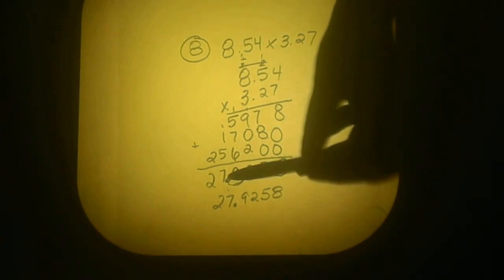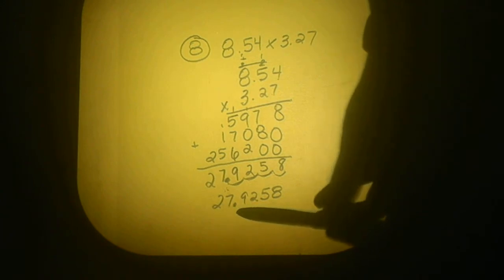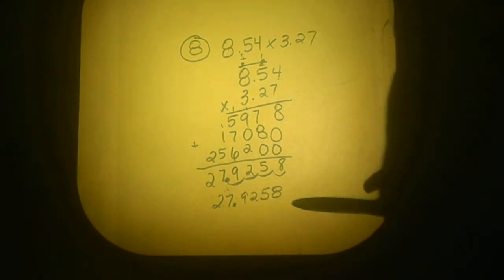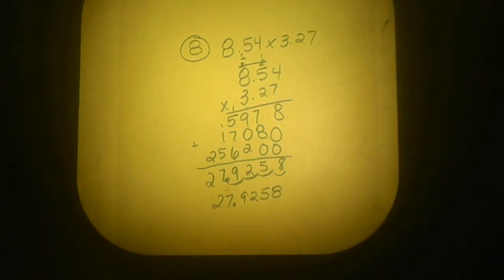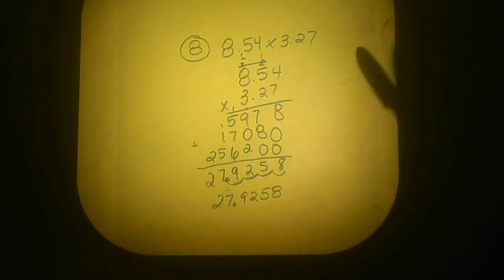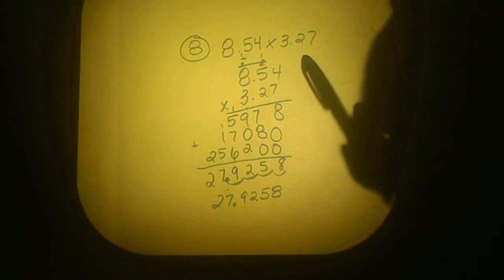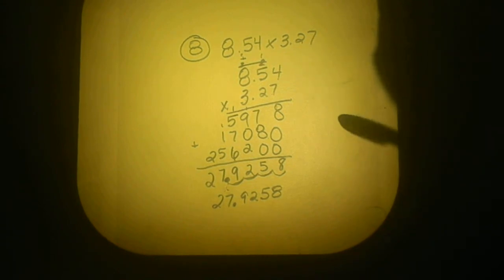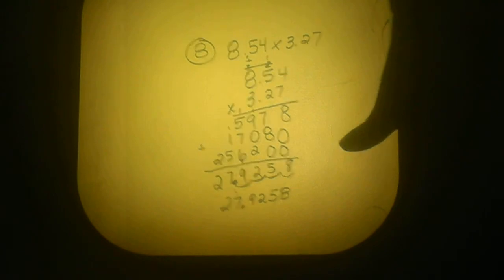I put down my decimal and rewrite the number as 27.9258, and that is my solution. So remember, you do the multiplication problem as is, without paying attention to the decimal until the very end, and then you count the number of decimal spots to the right of the decimal. Okay.